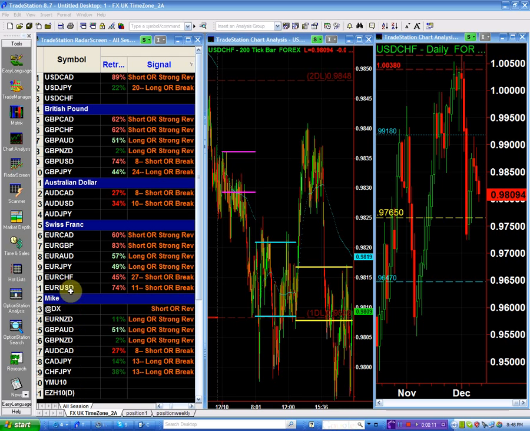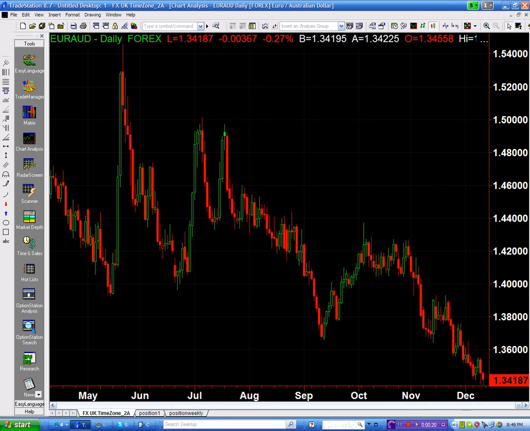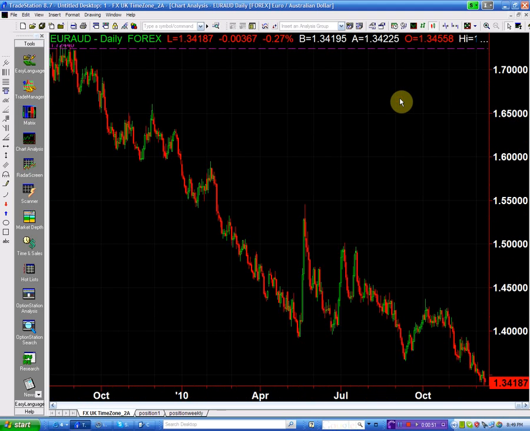So where is my Euro Aussie? Now, why is the Euro Aussie such a good currency to look at? Because we know that the Aussie is strong, and yet we know that the Euro is now weak.